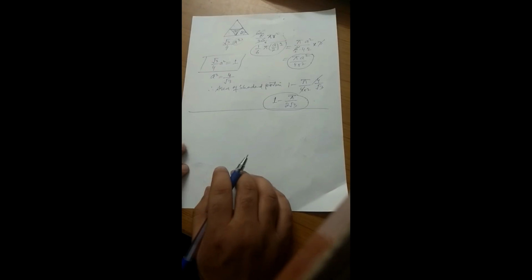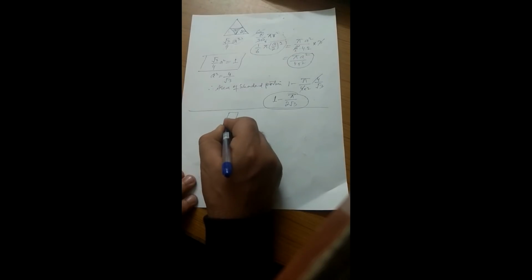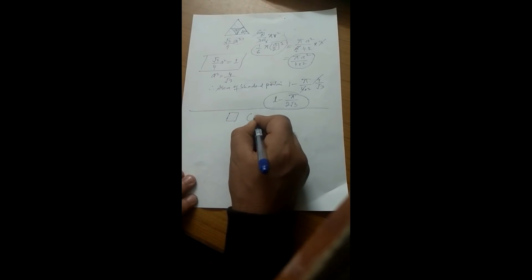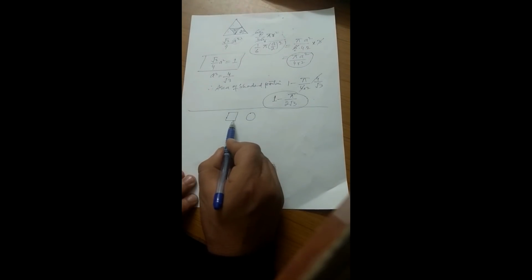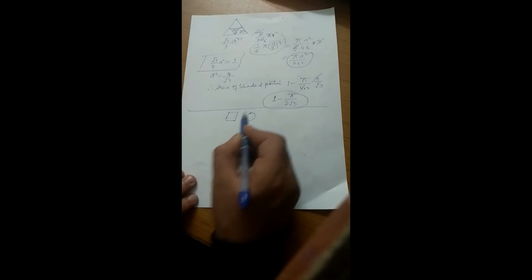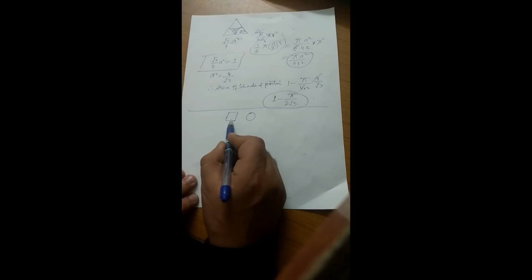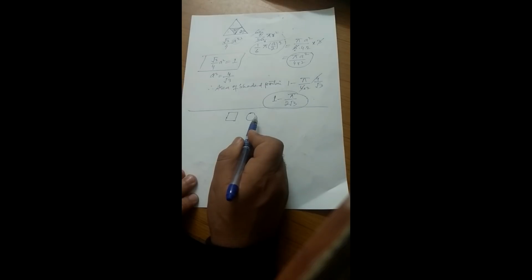So another question is that there is a cube and a sphere. I am drawing it as a circle. It is actually a cube in 3 dimensions, and this is the sphere.